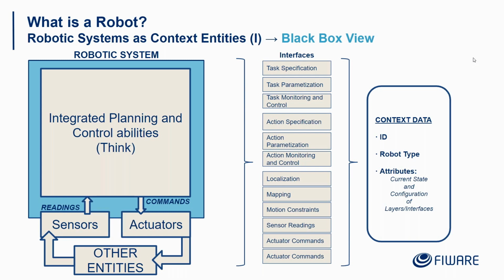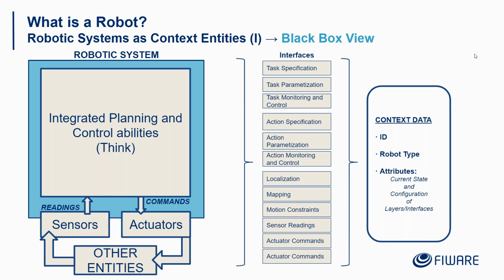In the middle, you can find a definition of a set of interesting interfaces and states that a typical robot uses, and our goal is to define them in the standard way we defined in the beginning, as an entity with an ID, with a type, and a set of attributes.